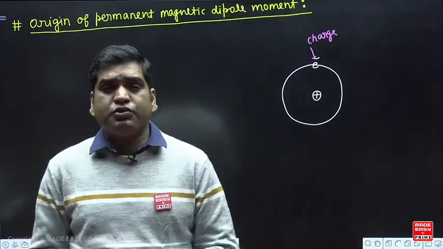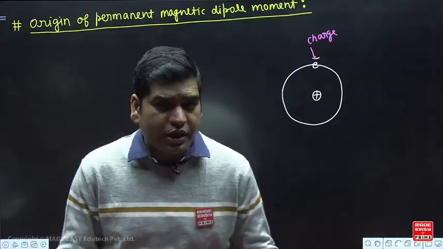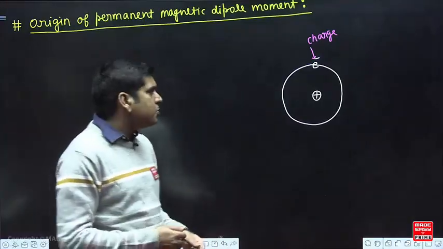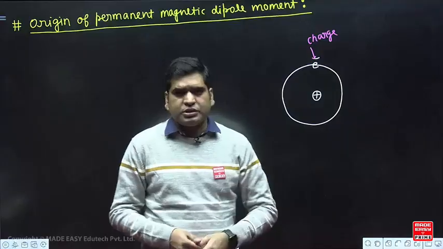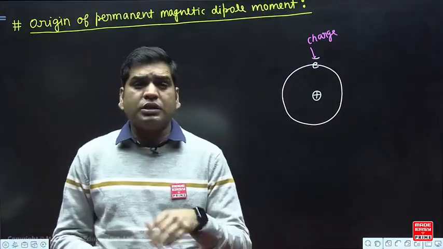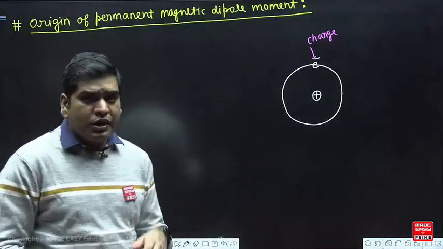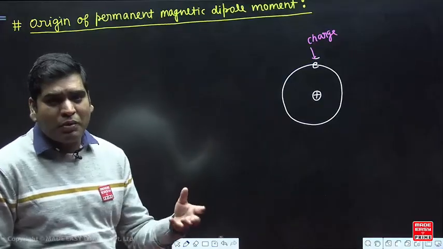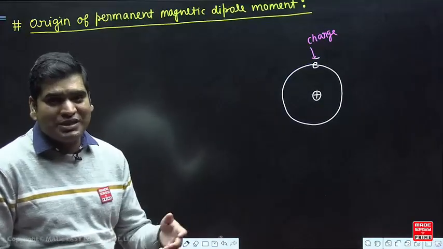So their contribution would be very small, negligible. So a strong magnetic behavior would be observed due to the remaining factor, the electron spin dipole moment. If you have a non-zero spin dipole moment, then you have a strong permanent dipole associated with each atom.